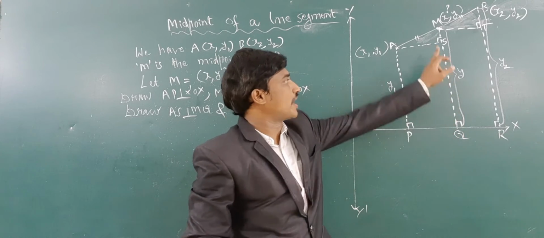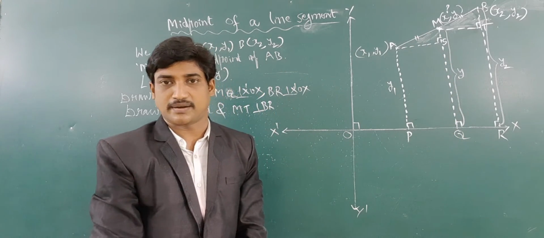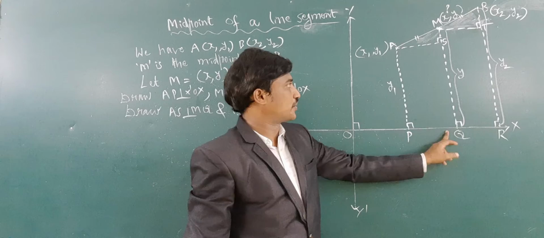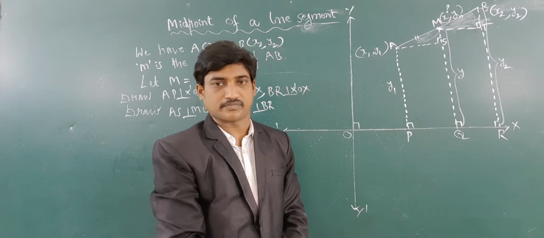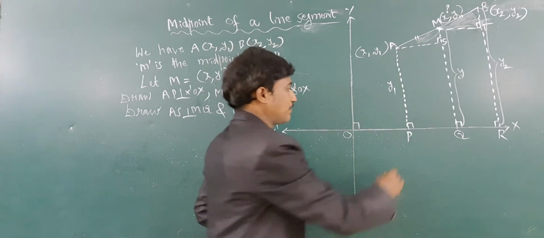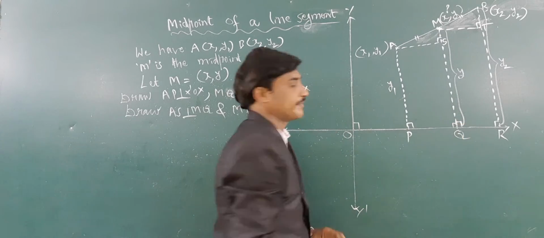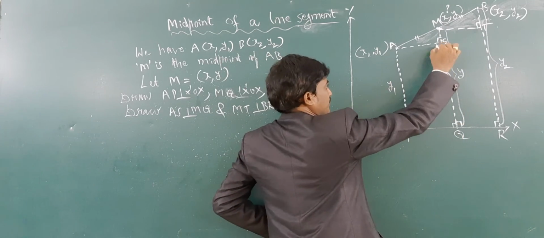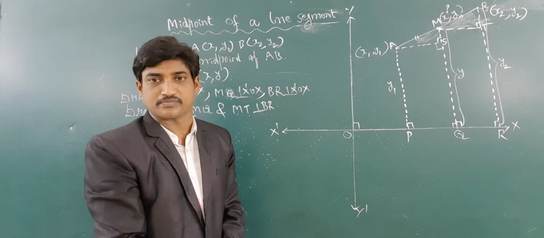APQS is a rectangle. Why? Because angle P is 90, angle Q is 90, angle S is 90, so that angle A is 90 degrees.